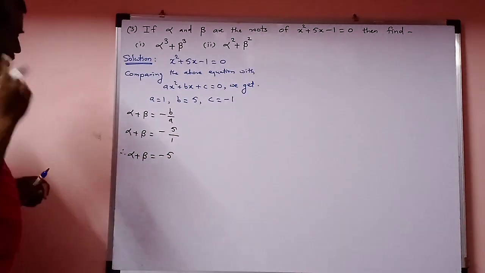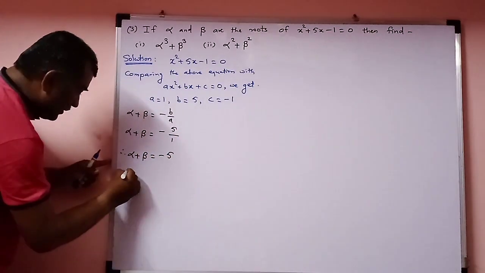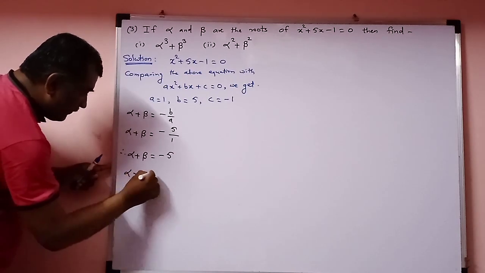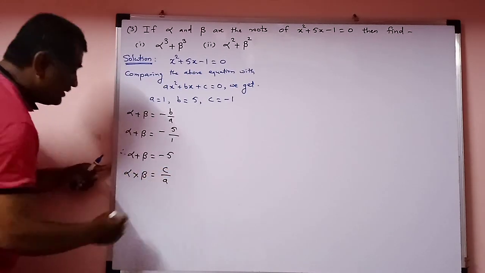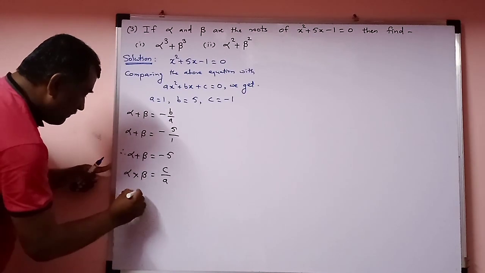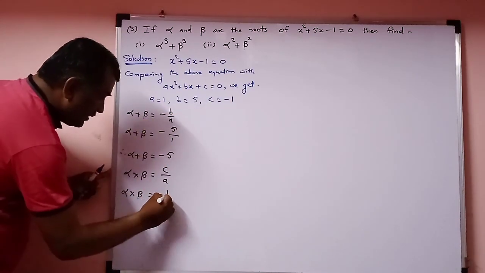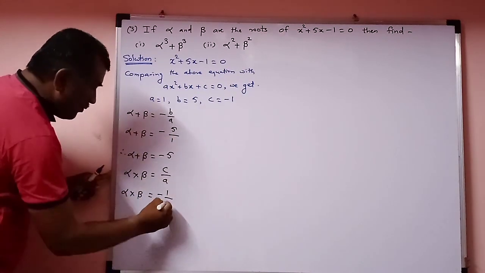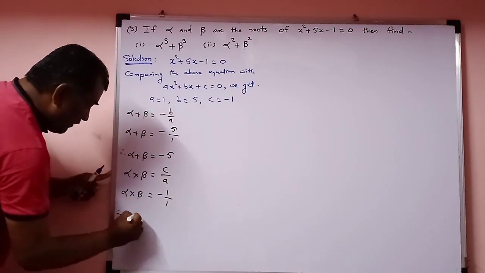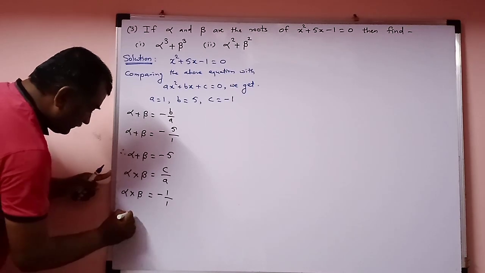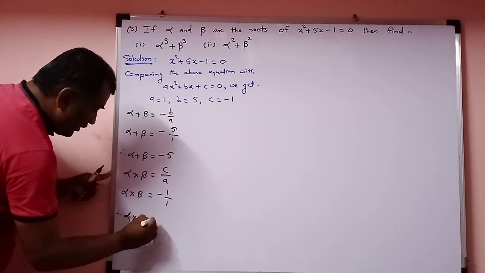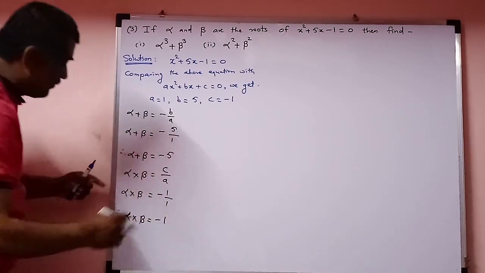Then find the product of the roots of a quadratic equation. Alpha into beta is equal to c upon a. Alpha into beta is equal to value of c minus 1 upon value of a 1. Therefore alpha into beta is equal to minus 1.